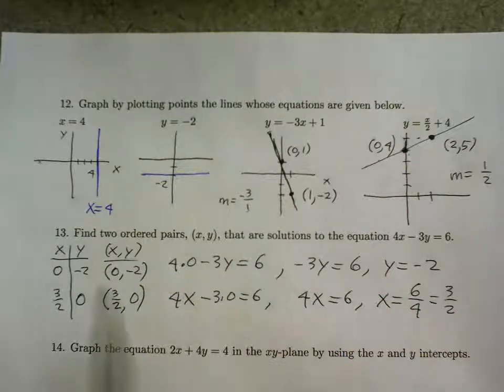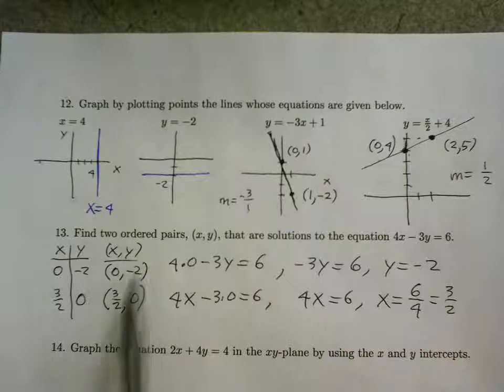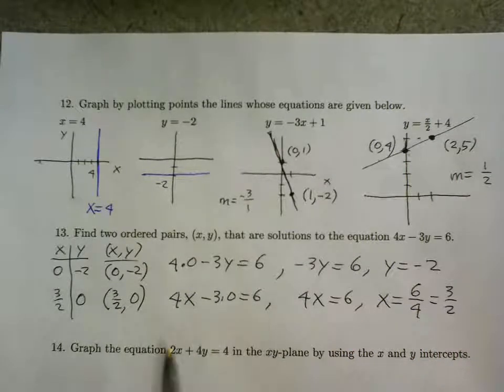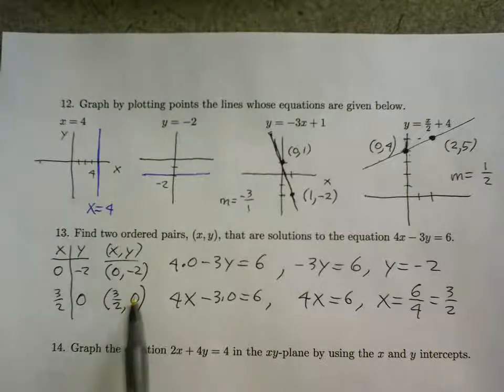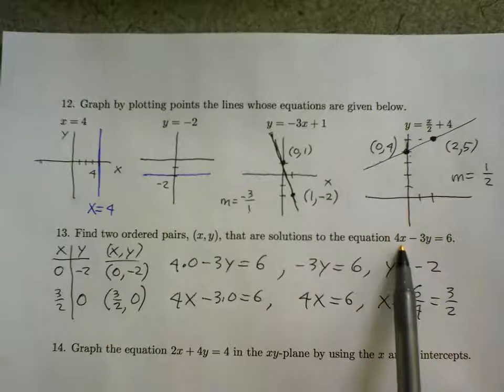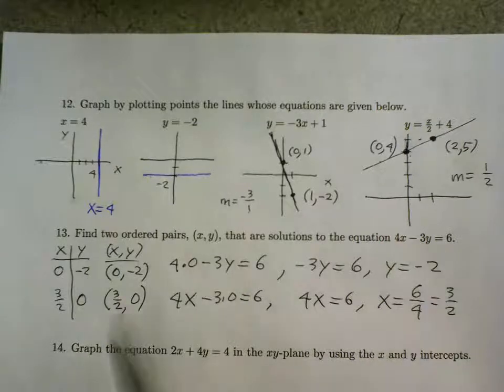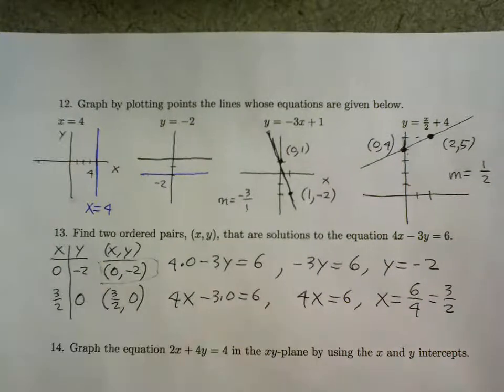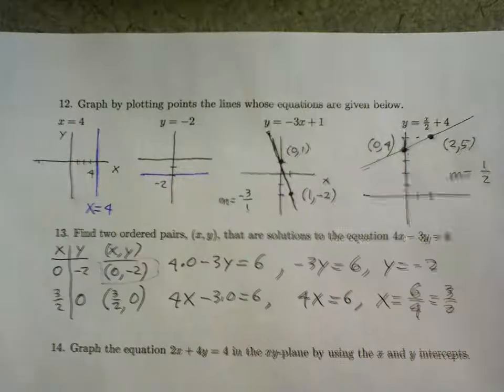We're not going to graph this line, but if we were to graph it, the line passes through those 2 points. So you see the connection. An ordered pair that's on the graph of a linear equation is also a solution to that equation, an ordered pair solution.